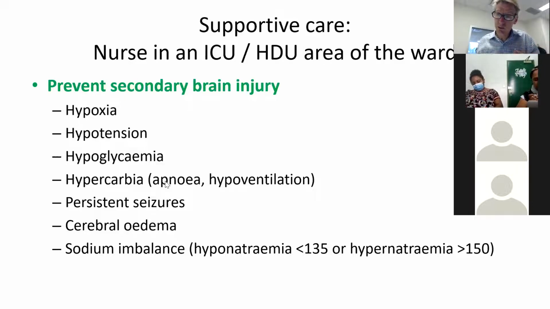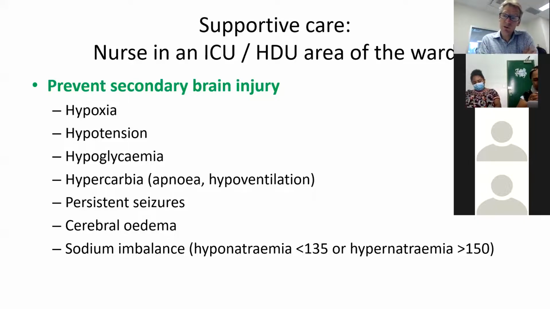So it's very important that children have regular breathing, not too slow, not having periods of apnea, and that they're not hypoxic. It's really important. And then persistent seizures can sometimes cause secondary brain injury.